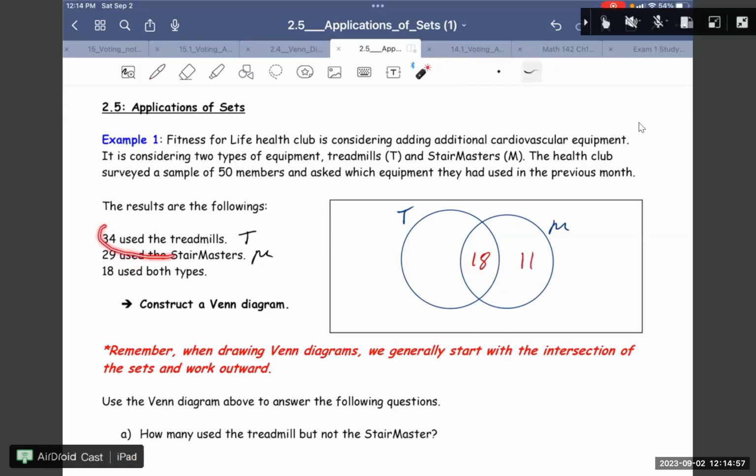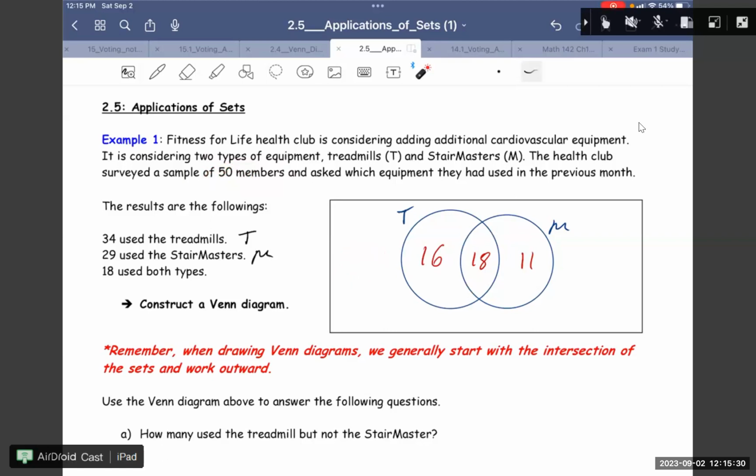And then 34 used the treadmill. So we have the treadmill right here, but we already have 18. So whatever we have in here, we have 34 minus 18, which is 16. But the example has 50 members, so we can add all these numbers up, and then subtract the sum from 50.